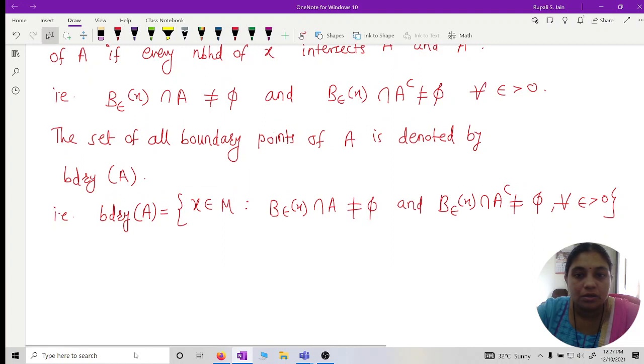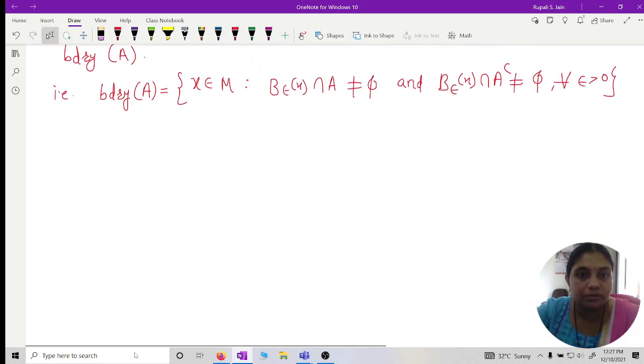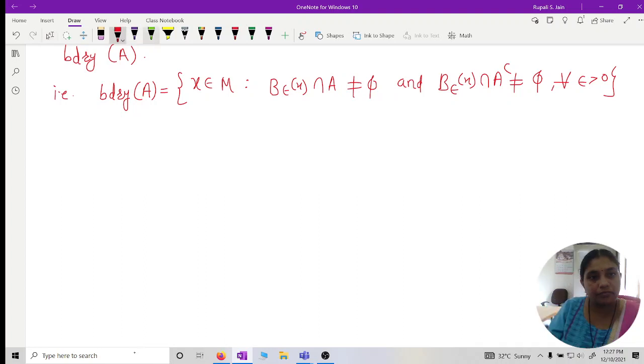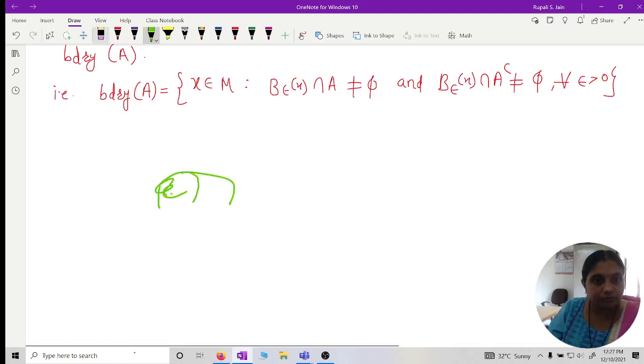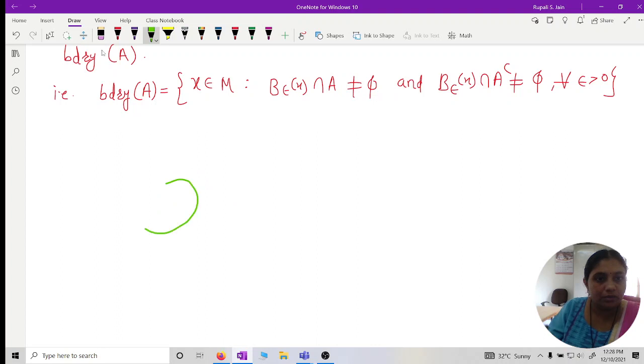Okay, so you can imagine this. Suppose this is set A. What are interior points?